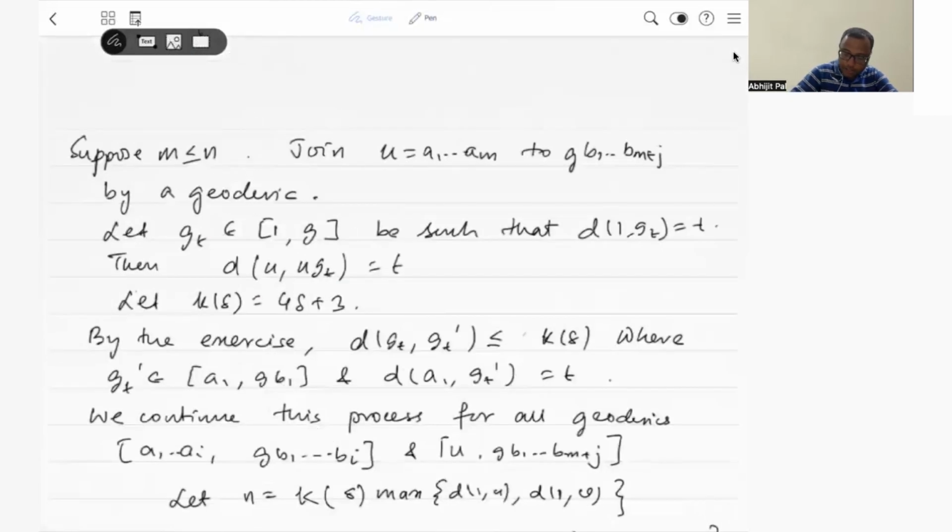Now let us assume that m is less than or equal to n. So join this A1, ..., Am to g, B1, ..., Bm+j by a geodesic.